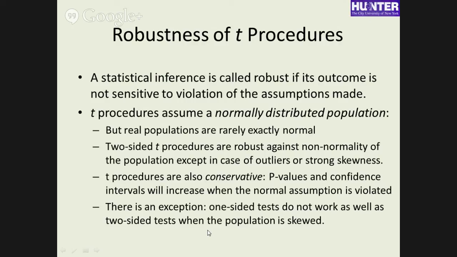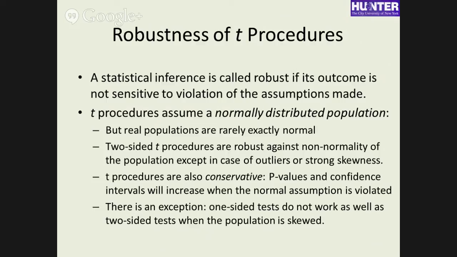Keep in mind these assumptions. I want you to get downstairs, so please look over this on your own about the robustness. It's important to keep in mind that the t procedures, the two-sided t procedures, are robust. We haven't talked about one-sided procedures yet.